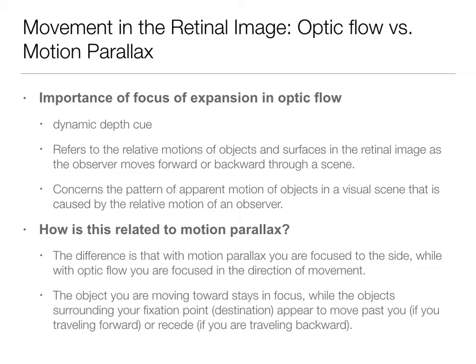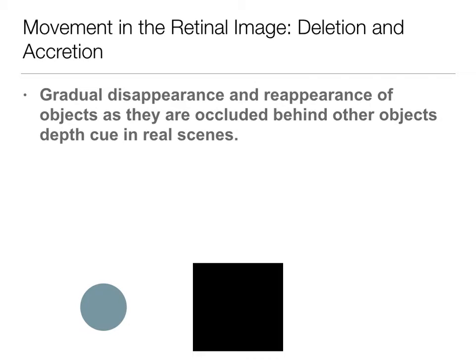But the information on the side will appear to travel forward or travel backward depending on the direction that you're moving. The last of these discussions of movement on the retinal image that we want to talk about is deletion and accretion. This is the gradual disappearance and reappearance of objects that are occluded behind other objects. And as we talked about with those monocular depth cues, we can infer information about depth based on when something's occluded.